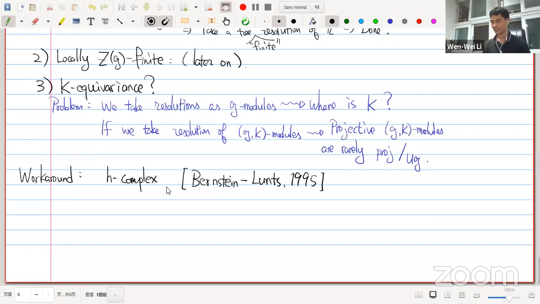So the idea is, instead of considering complexes of GK modules, consider complexes of weak GK modules.